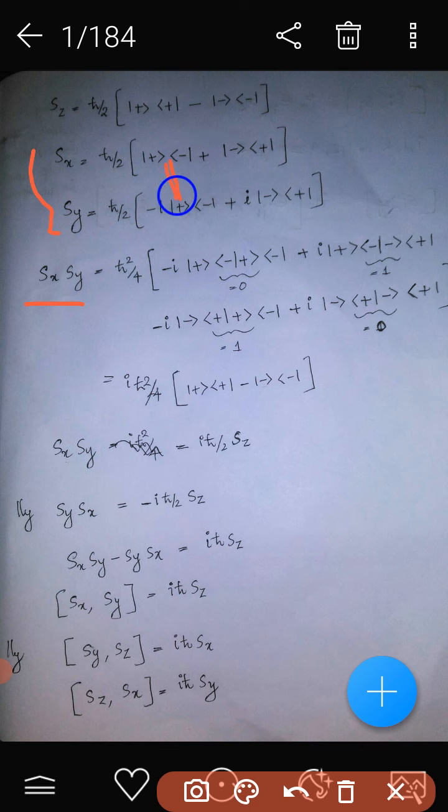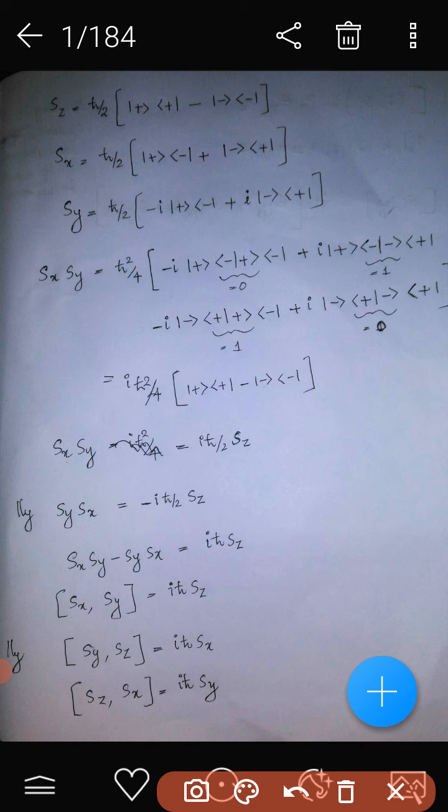The first pair gives minus i ket plus bra minus, since the first one is Sx, times ket plus bra minus. Here there is an inner product, and the inner product between two eigenkets is orthogonal, so it is 0.